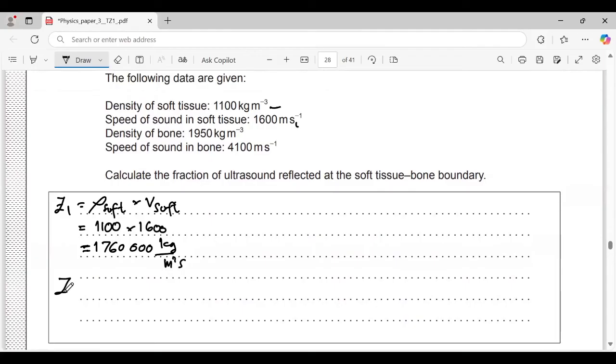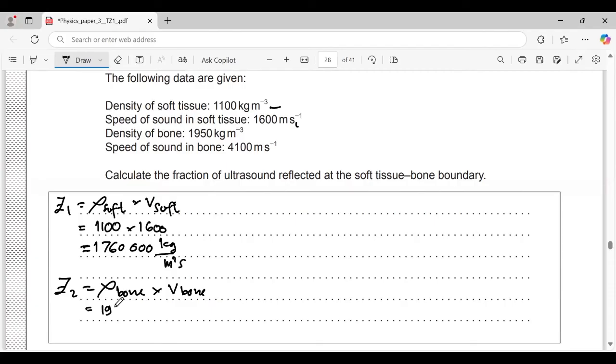While Z2 is for bone, this is for soft tissue, and Z2 is for bone. It means rho bone multiply V bone. That's the information.